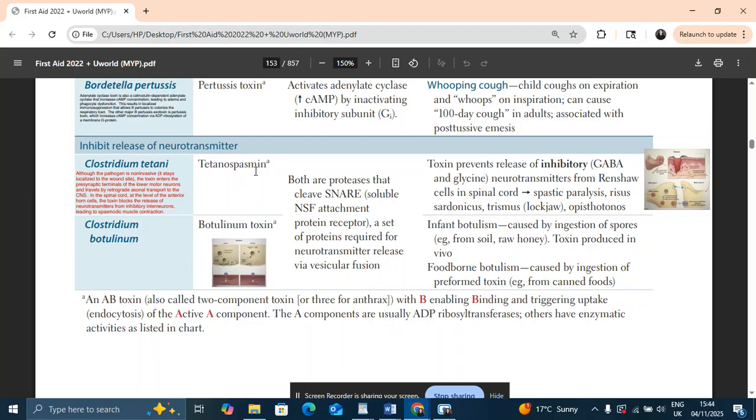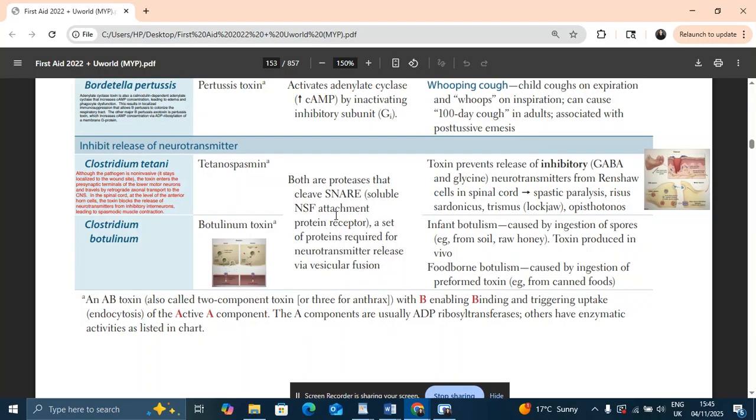So you guys should see this image. What tetanospasmin does is, tetanospasmin is a protease. That means it breaks down protein. It cleaves SNARE protein. What is SNARE protein? It is a soluble NSF attachment receptor protein.